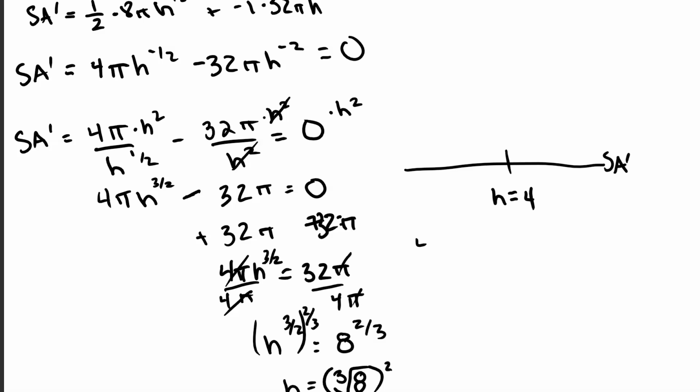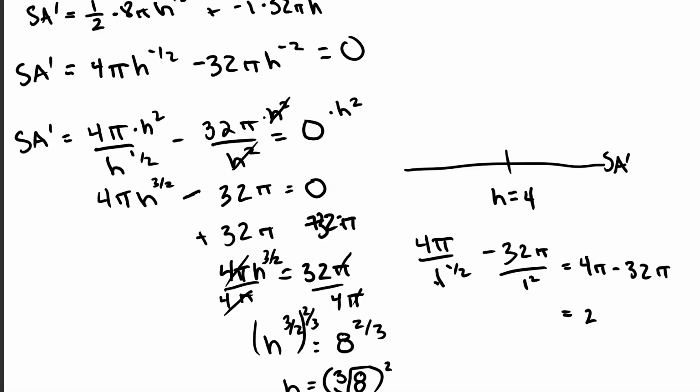So I'm going to have 4 pi divided by the square root, or 1 to the 1/2, plus, minus 32 pi divided by 1 squared. And that's going to give us 4 pi minus 32 pi, or negative 28 pi. So this is negative.